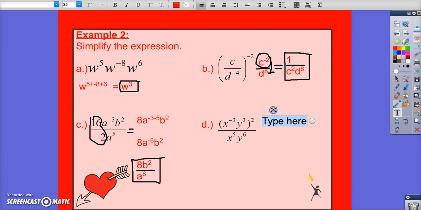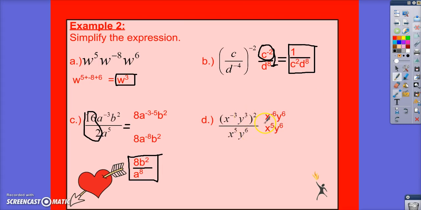Power to power, so let's take care of that first, where we multiply the exponents. Negative 3 times 2 is negative 6. Y to the 3 times 2, which is 6, over x to the 5th, y to the 6th. And now we could subtract our x's.